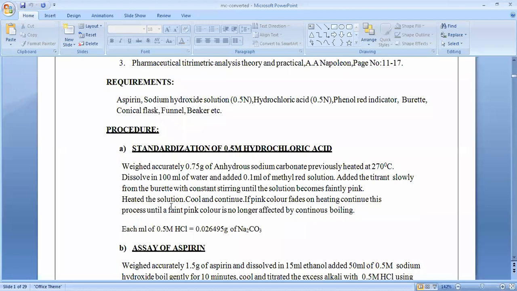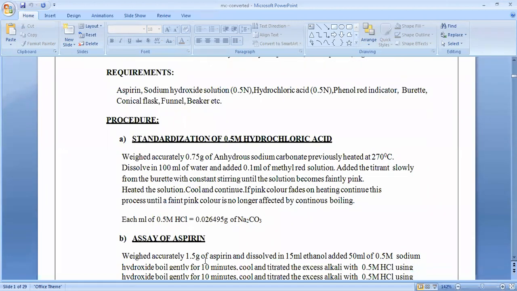Heat the solution, cool it, and continue if the pink color fades on heating. We continue this process until the faint pink color persists for 30 seconds in the reaction mixture, otherwise it is going to affect the percentage purity of the drug molecule.